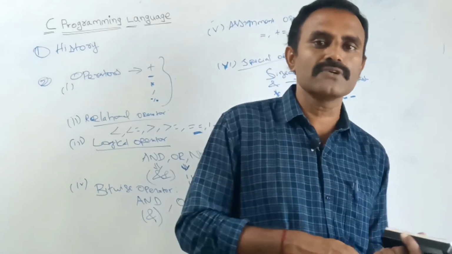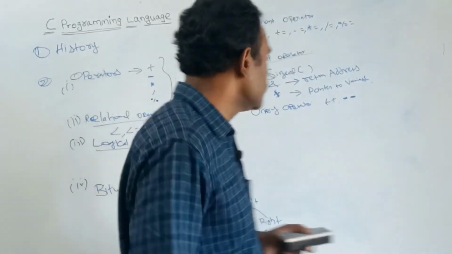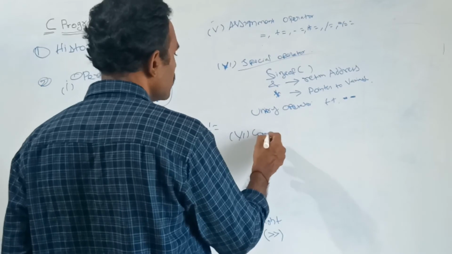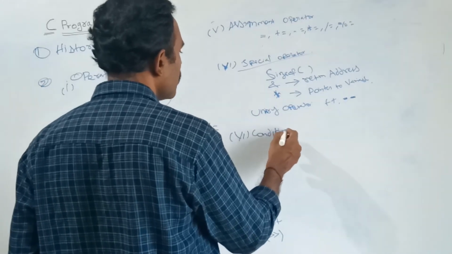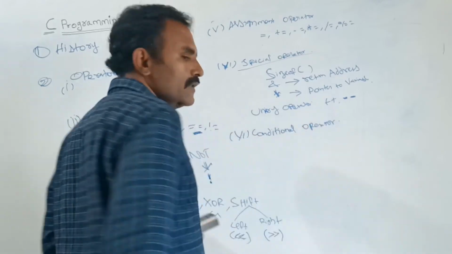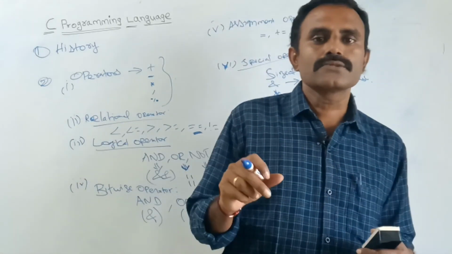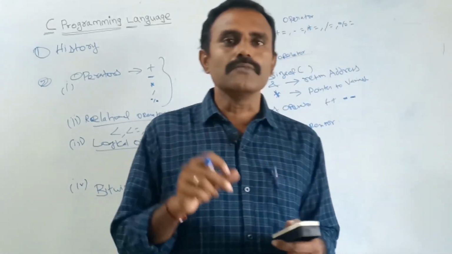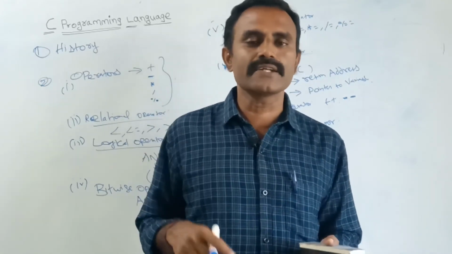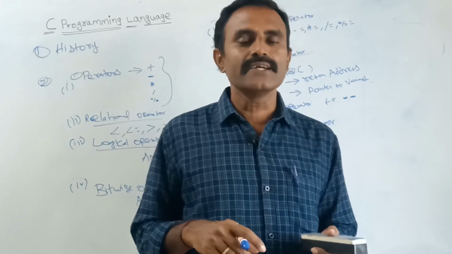Next, let us see about the conditional operator. This also returns boolean values. If the condition is true, it returns 1, otherwise it returns false, meaning 0.